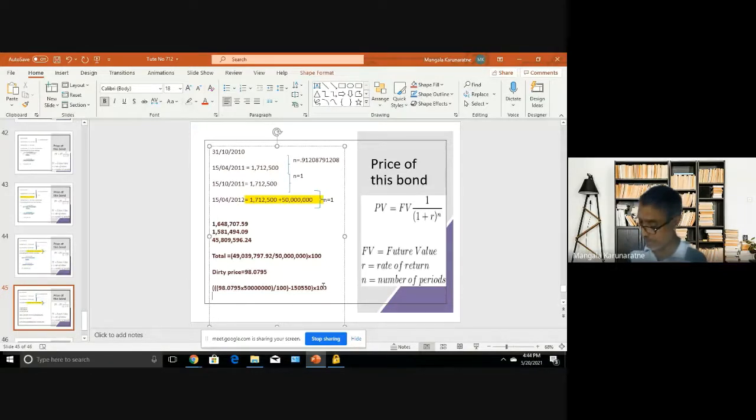Then you divide the whole thing by 100, right? You get 49,39,750. Then from that you have to deduct 150,550, right? Then you get this amount. I will write the amount.